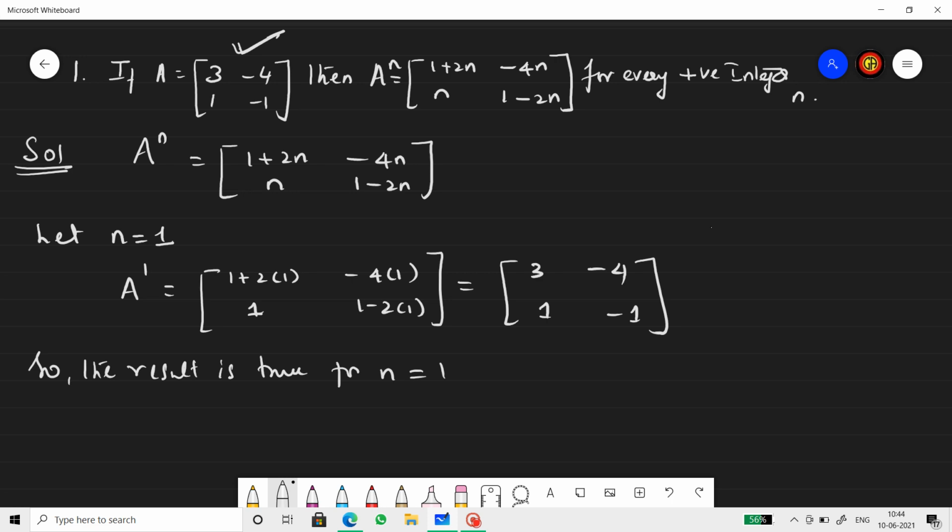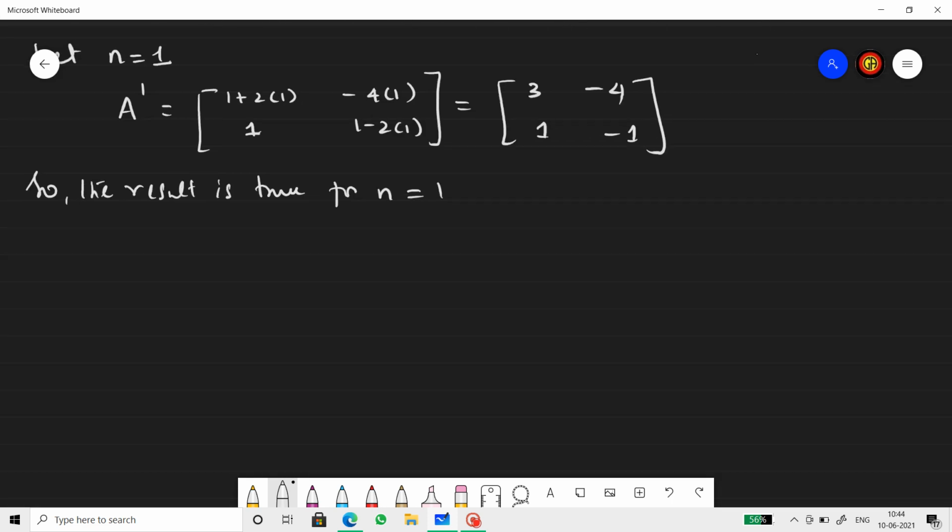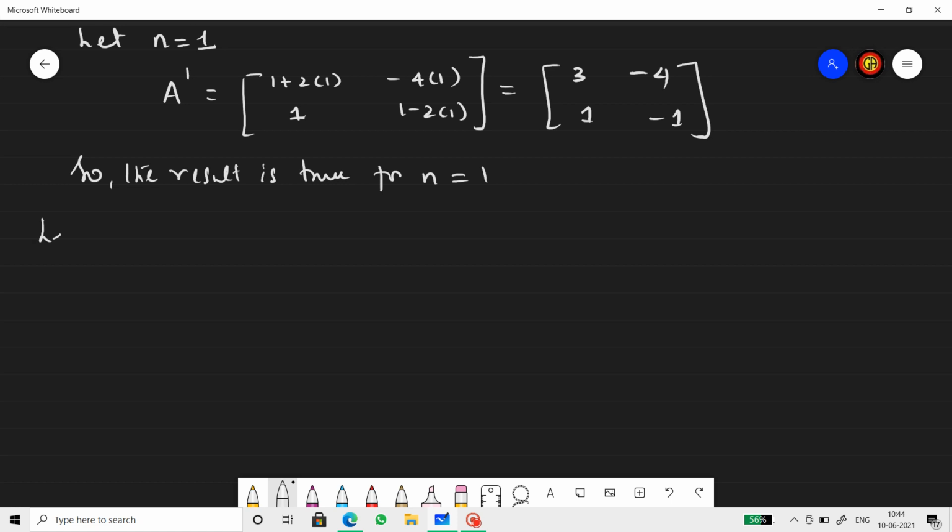Now what is the next step? We take n equal to k, right? Let n equal to k. If n is equal to k, A power k equals 1 plus 2k, minus 4k, k and 1 minus 2k. So that means in the A power n matrix, I am substituting n value as k.